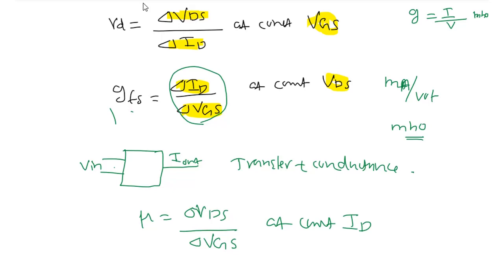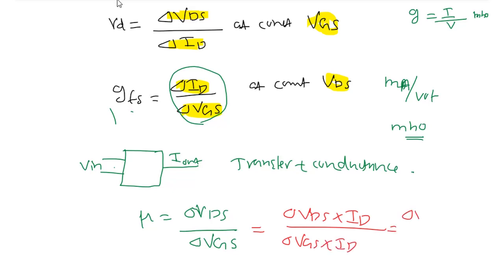Now if you consider the definitions of the drain resistance, GFS and mu, then you can relate all these three in a single equation. So I can write delta VDS into ID by delta VGS into ID. So this ID will get cancelled. Now this can be written as delta VDS by delta ID into delta ID by delta VGS.